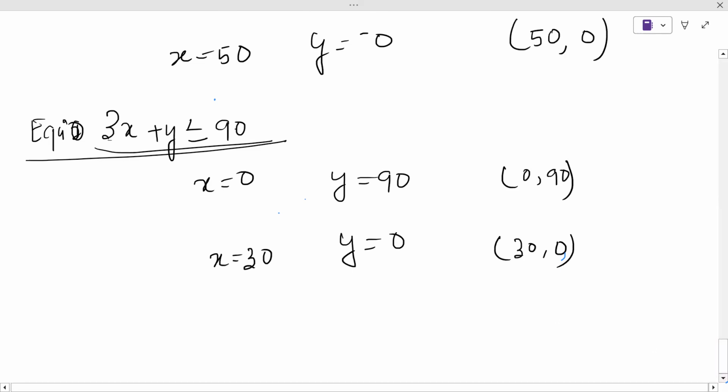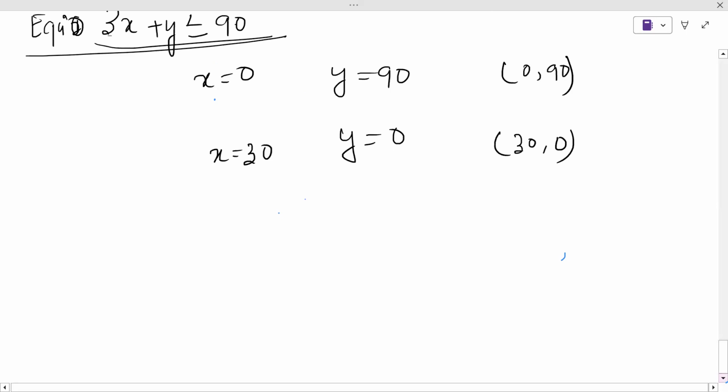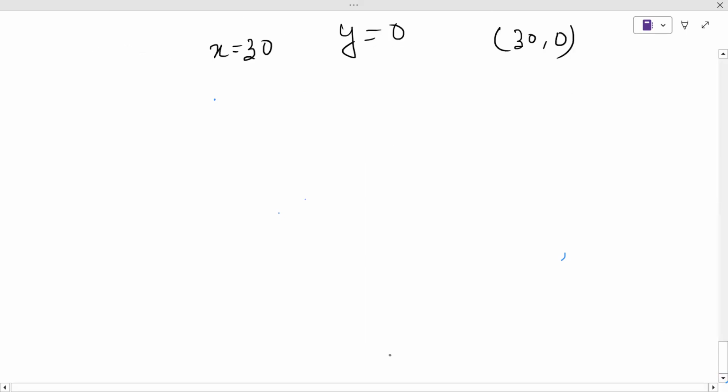So for the two line equations, we got all the vertices. Now we need to draw the figure.